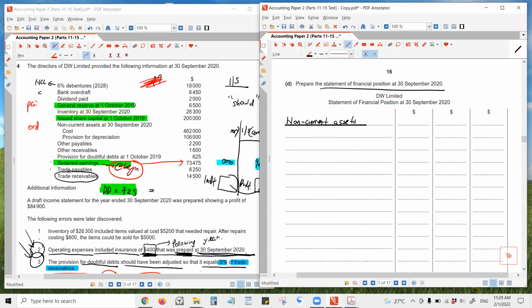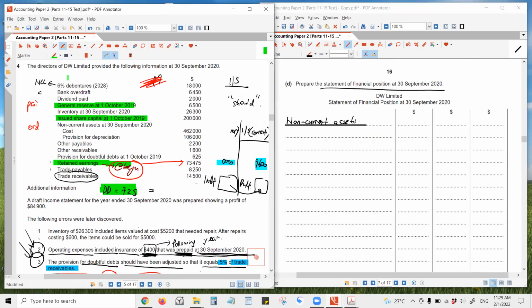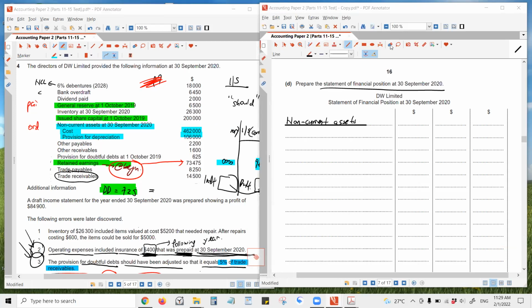Let's pick up the NCA. They have given you the total amounts, if you see carefully. NCA at the year end, cost and provision for depreciation. Since they give us the total amounts and we do not see the breakdown of NCA, we just pick up the total amounts.